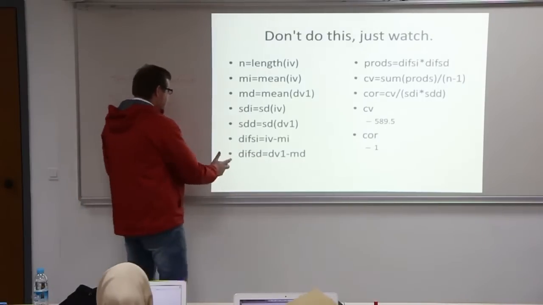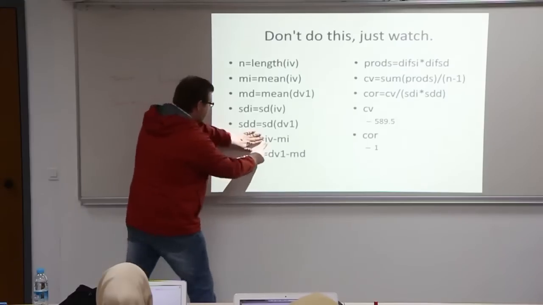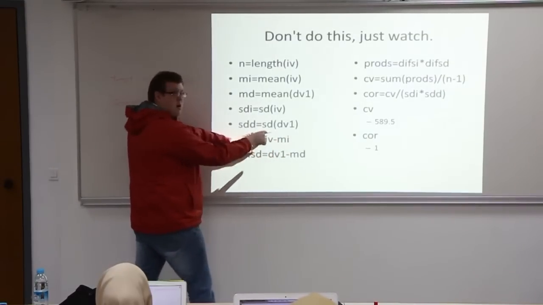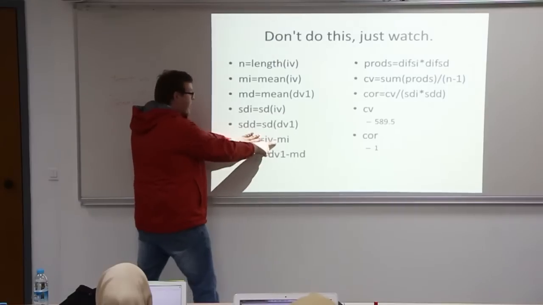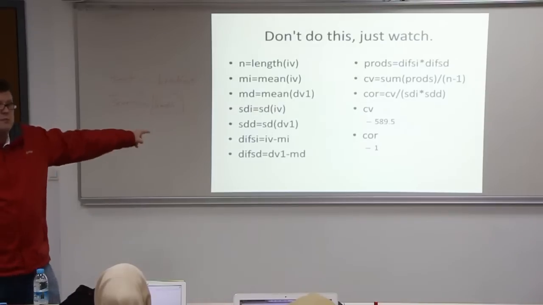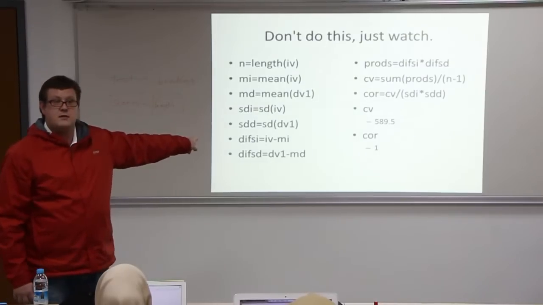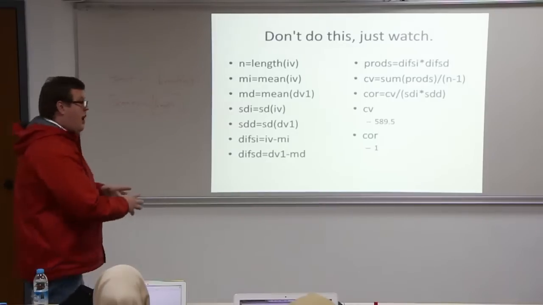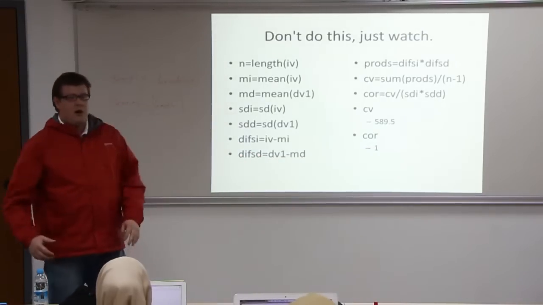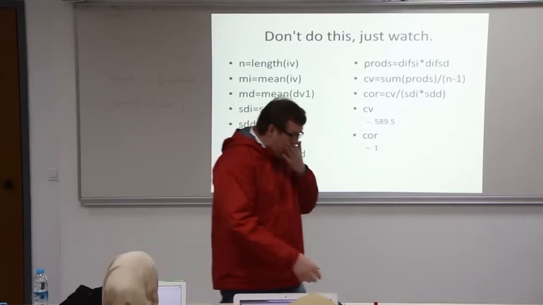Okay, so then I have IV minus MI. So that is each score in the independent variable minus the mean of the independent variables. So I'm calculating differences for our independent variable. Then I do exactly the same thing for the dependent variable.